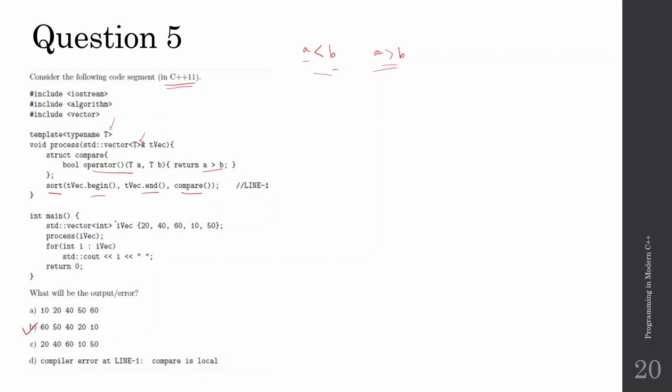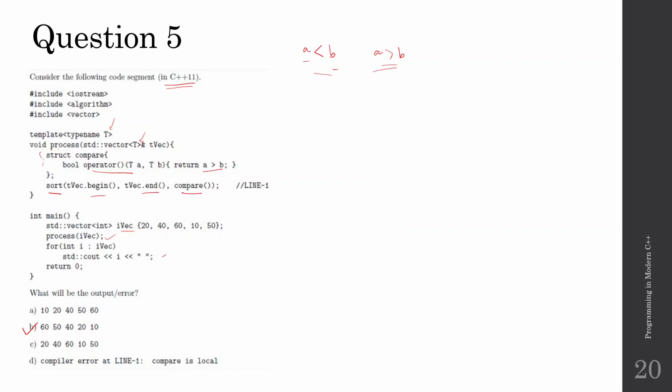In the main function we have a vector, we call process with the vector, and then we just print the vector. So the main function is simple. Now somebody said there will be a compiler error at line 1, because this compare struct is a local object inside the process function, so it will not be in scope.